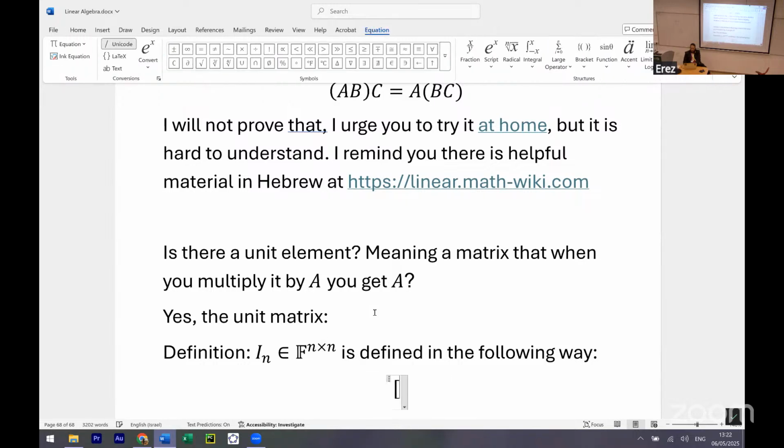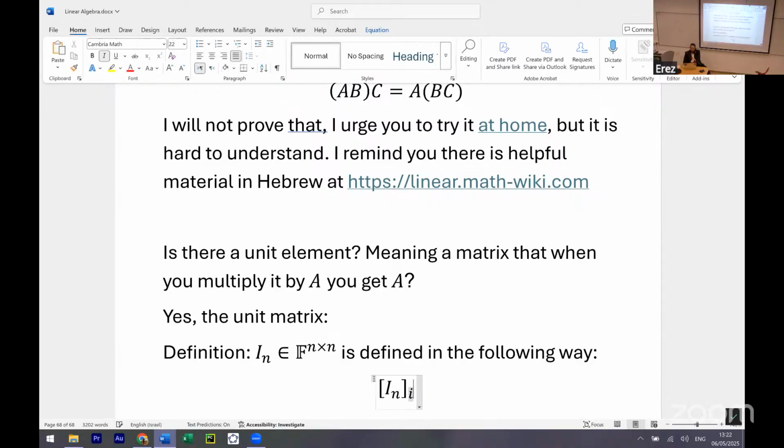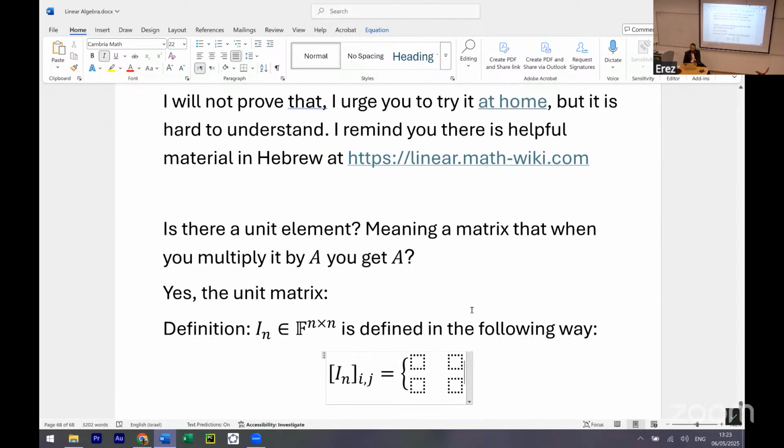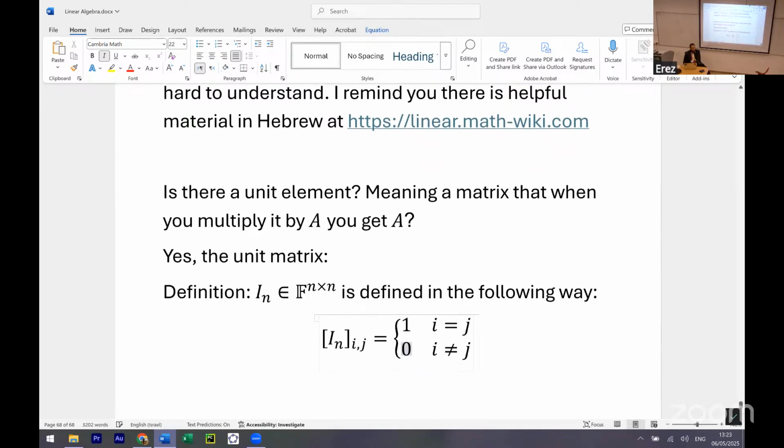The element of the matrix in row i and column j is equal to 1 if i equals j, if I'm on the same row and same column, meaning I'm on the diagonal. If i is different than j, the value is 0.